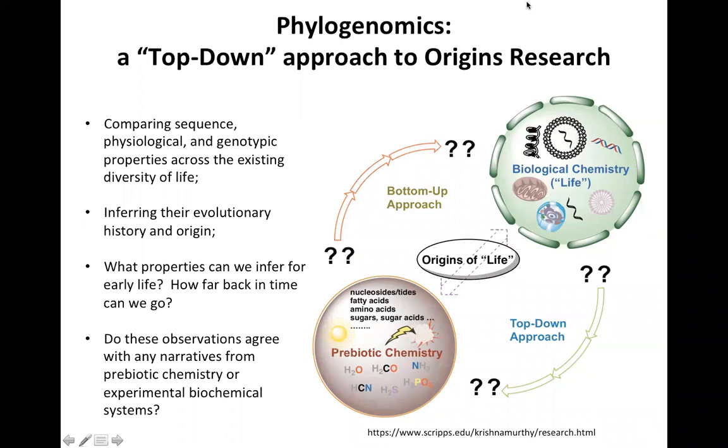So comparative phylogenomics is a top-down approach that we can use to understand the earliest events in the history of life on Earth.